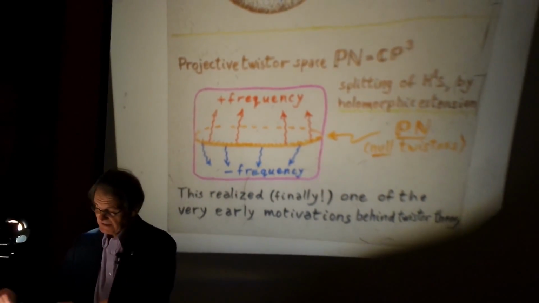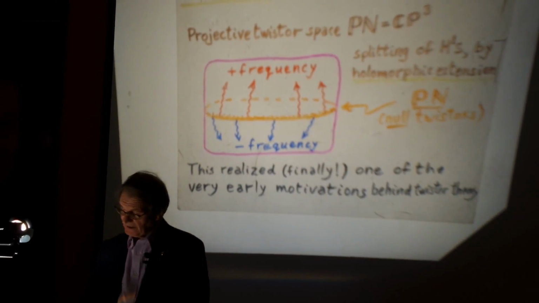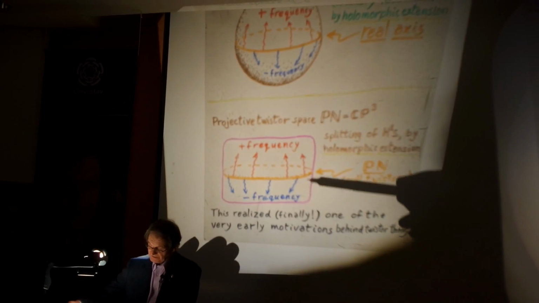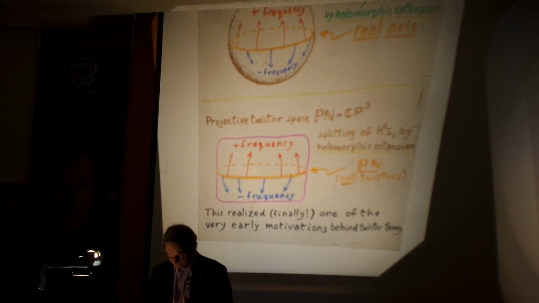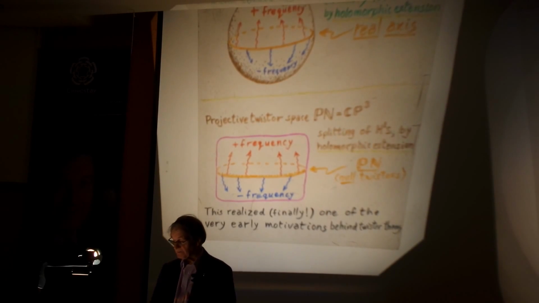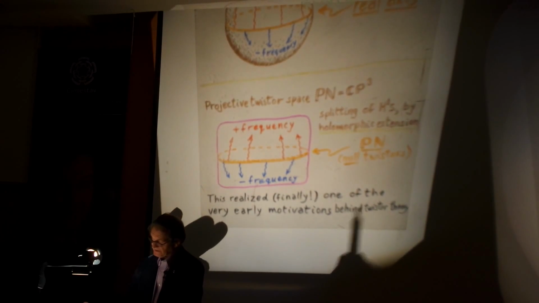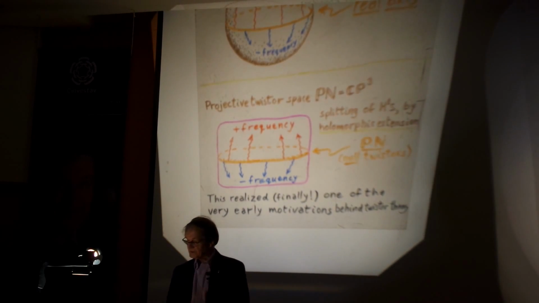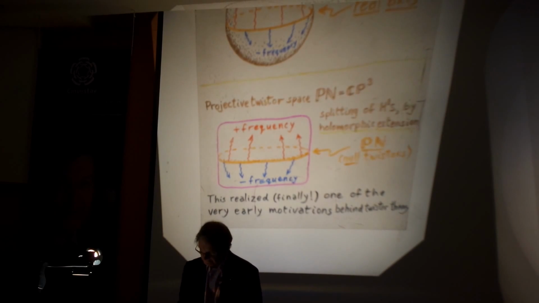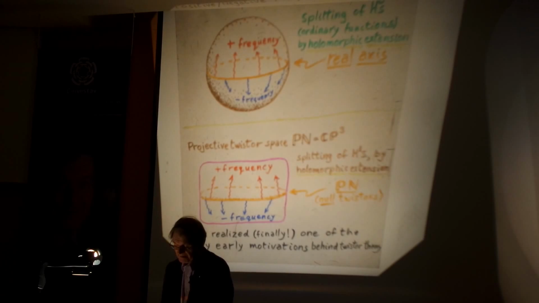So you say, yes, it's the same thing, but now your first cohomology either extends to the top or the bottom, and you split your function into those two parts. And it is the same thing as we did before. Here it was just functions, and here it's first cohomology. So as I say, this finally realized one of the very early motivations behind twistor theory. Okay, now this is all linear massless fields.